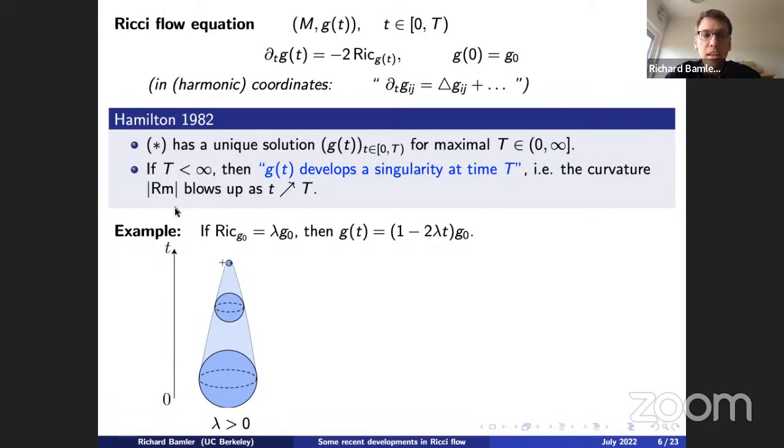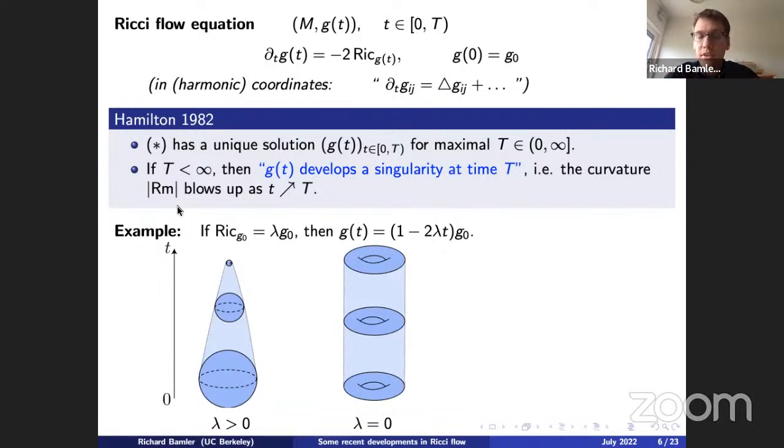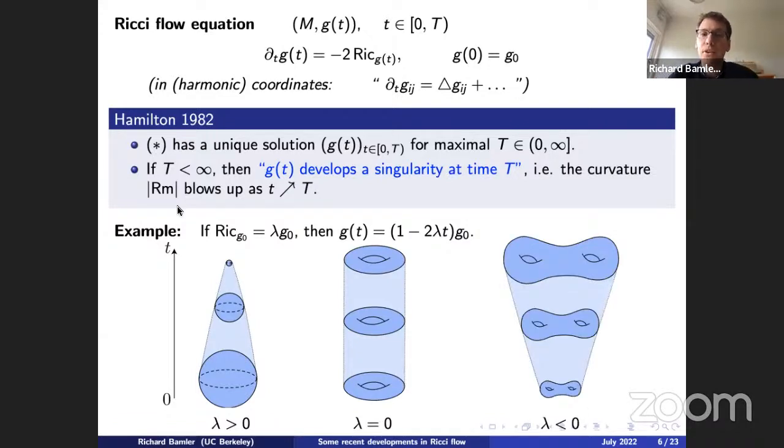And you see that here, when it approaches diameter 0, the curvature blows up and we have a singularity. If lambda is equal to 0, we could think of a torus that just stays constant in time. And if lambda is negative, we could think of a hyperbolic surface that expands as we move forward in time.